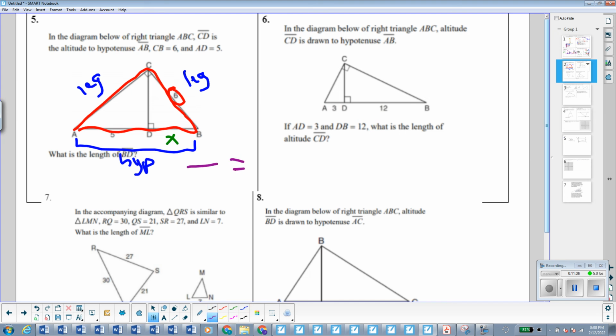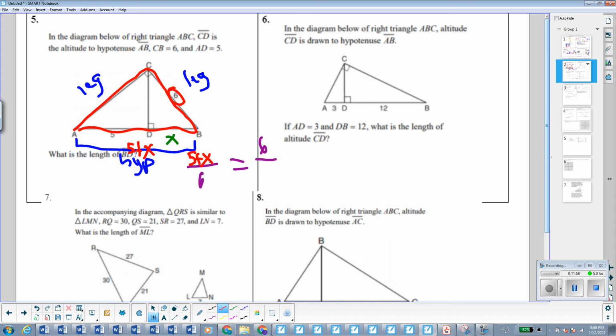I'm going to set up my proportion, and we do know that the leg is the mean proportional between the whole hypotenuse. One part is 5, one part is x. So together that should be 5 plus x. That's the whole hypotenuse.